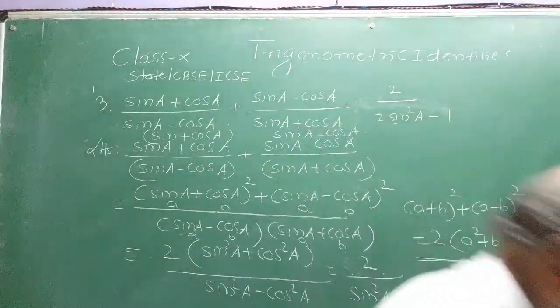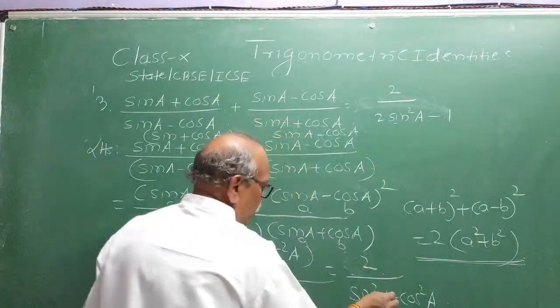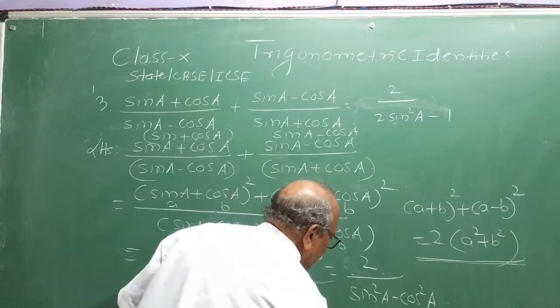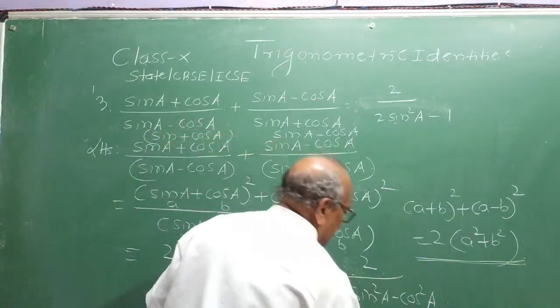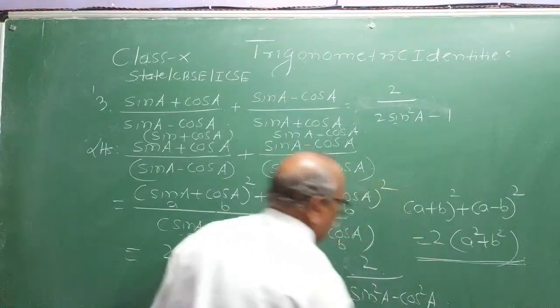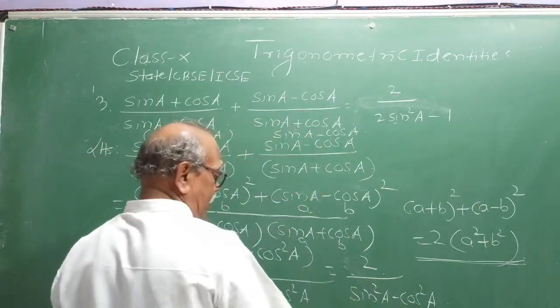You are almost at the last step. You have to express it in terms of sin square A, which means you have to express cos square A in terms of sin. You get 1 upon sin square A minus into bracket; express cos square A in terms of sin square A. You know that it is 1 minus sin square A. Check whether this identity is present in all 33 lists.